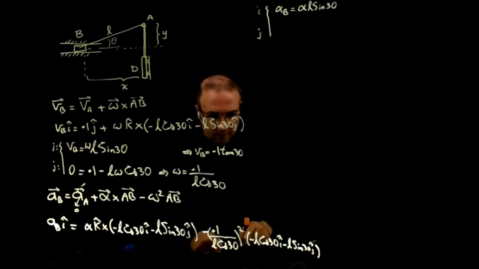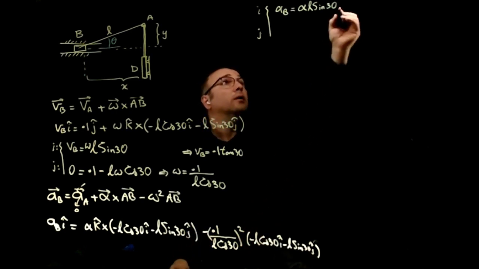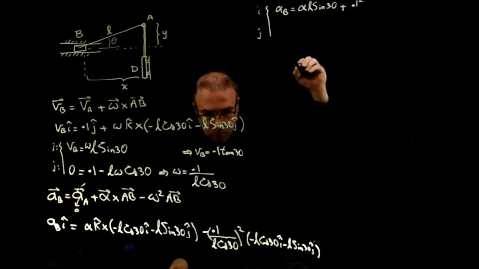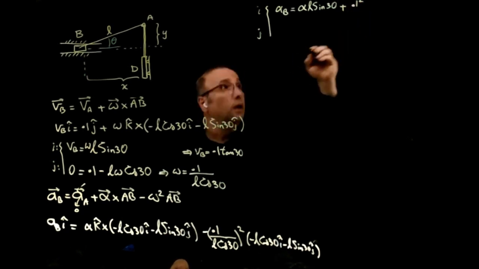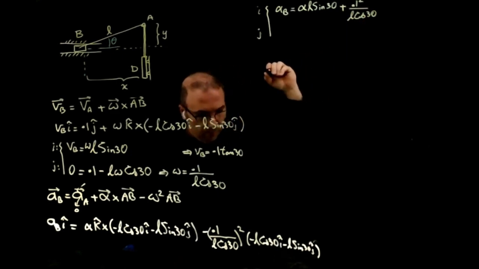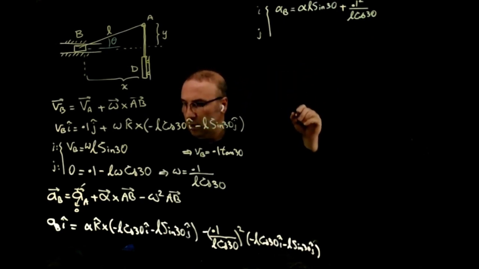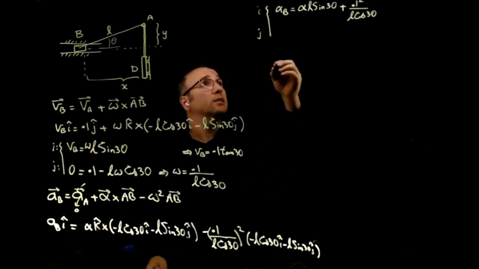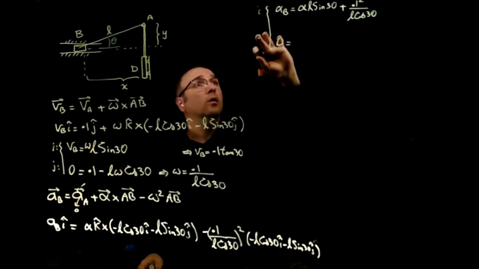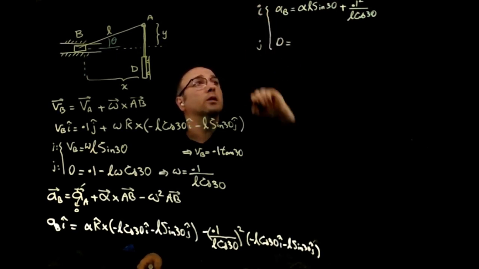So one of them would cancel out, and I have negative, so it becomes positive 0.1 square over L cosine 30. All right, and for the j hat, I would have 0 for j component. This is for I component.